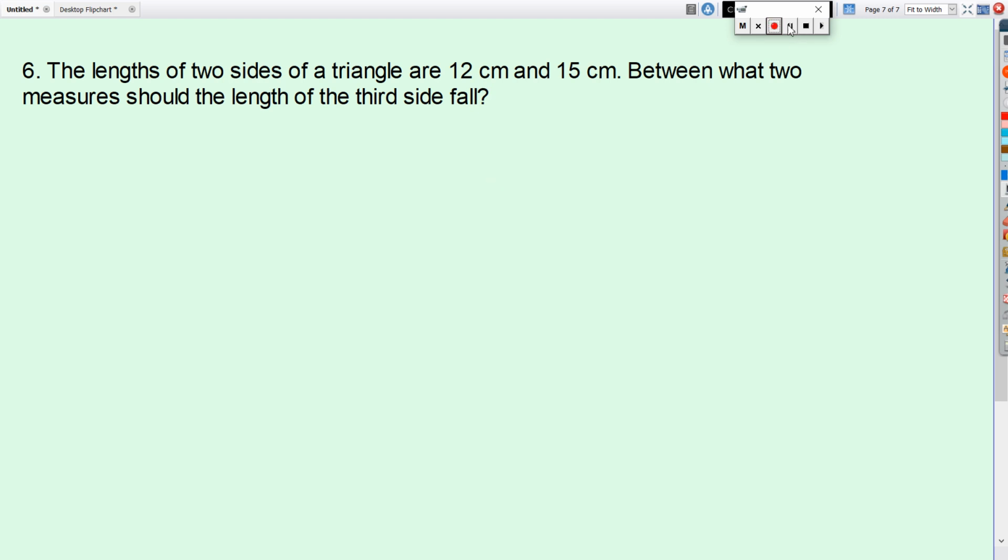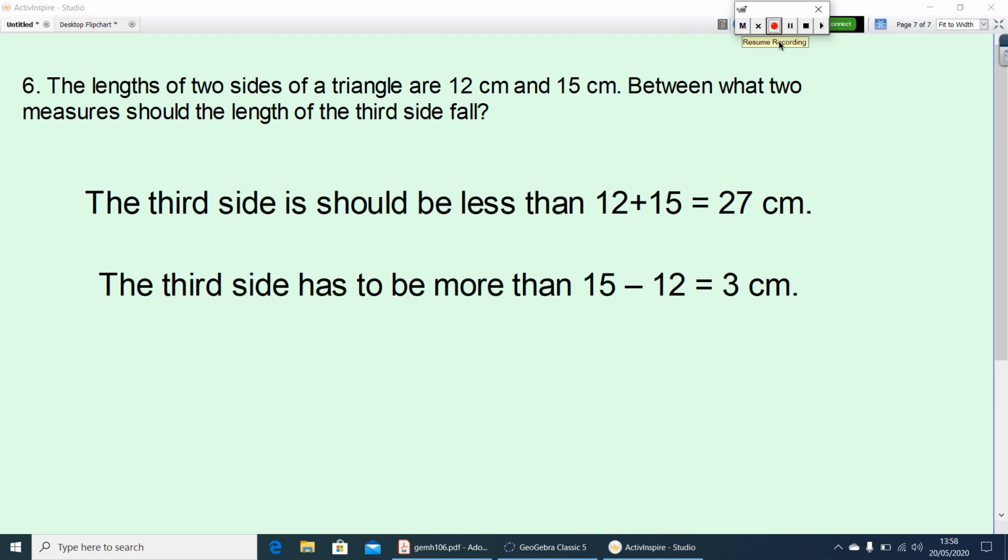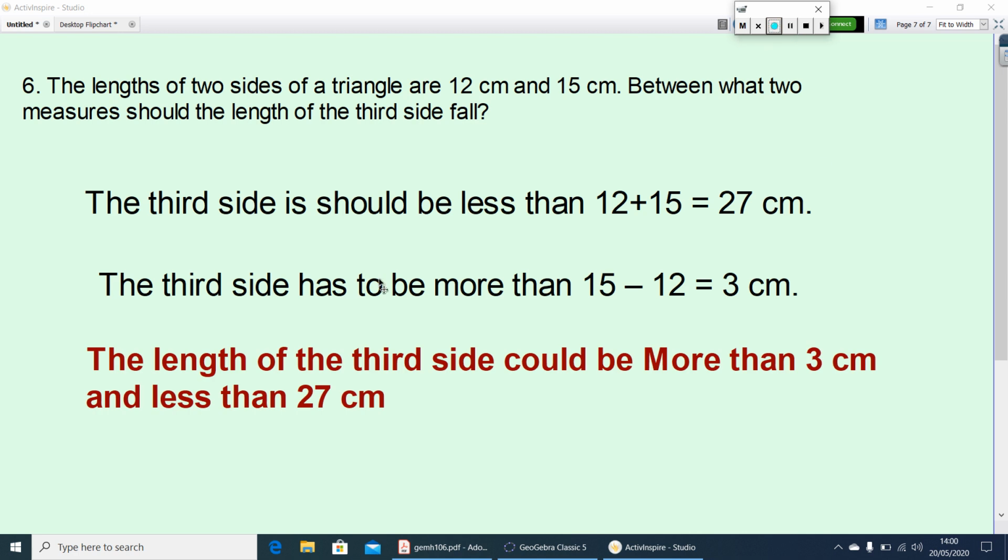So you can write the third side should be less than 12 plus 15, that is 27 centimeter, and the third side has to be more than 15 minus 12, that is 3 centimeter. So we can conclude the length of the third side could be more than 3 centimeter and less than 27 centimeter.